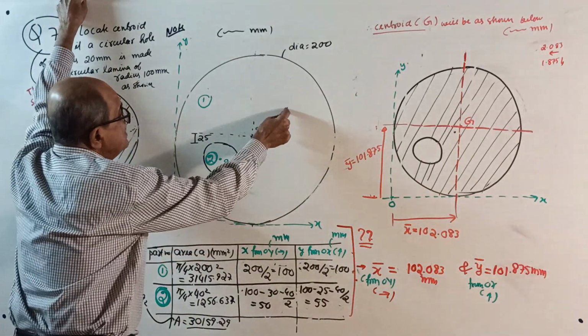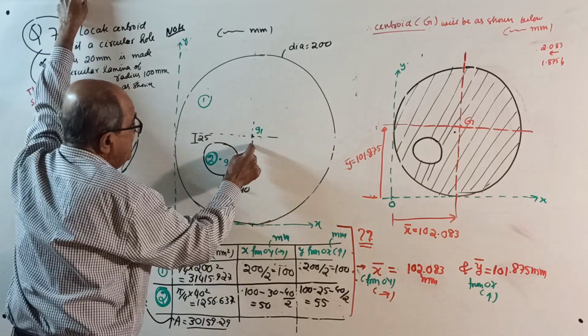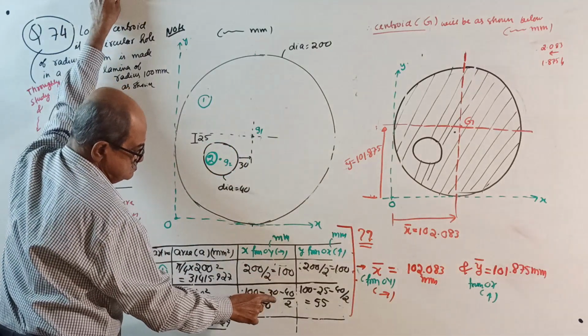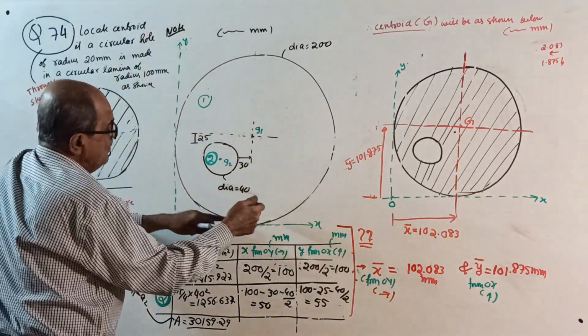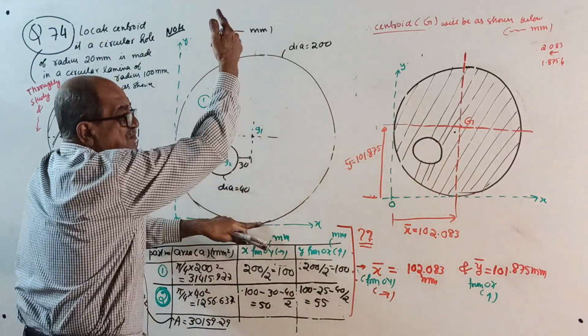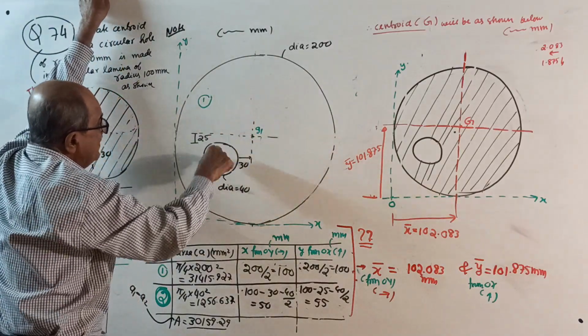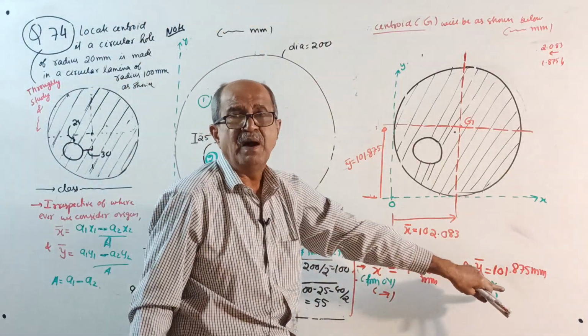Last time it was here, so what I wrote? 100 plus something. Now, 100 minus 30 minus 40 by 2 is 50. For y, last time it was 100 plus something. Now it is 100 minus 25 minus 40 by 2, 55. You will get x bar, y bar.